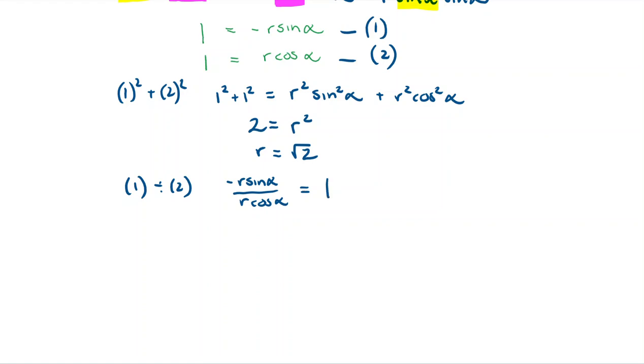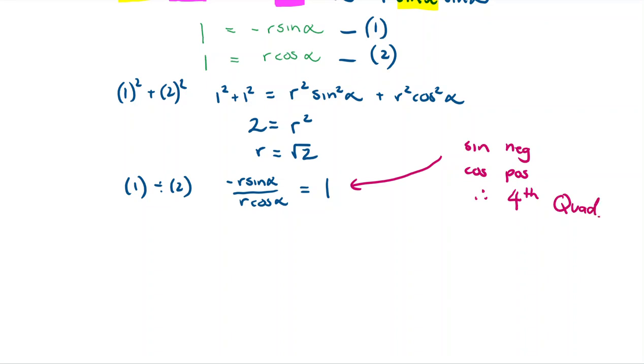Now it's important here that you make yourself a little note that you know that the sine is negative, the cos was positive, and that's telling me what quadrant my alpha has to be in. What quadrant is sine negative but cos is positive in? The fourth. So I'm looking for a solution in the fourth quadrant.